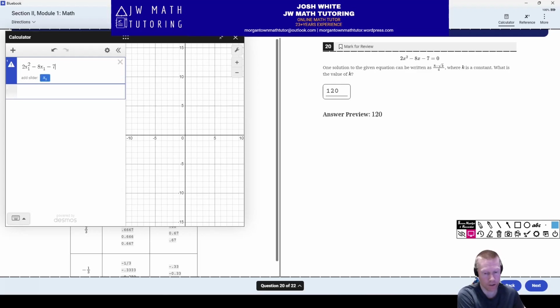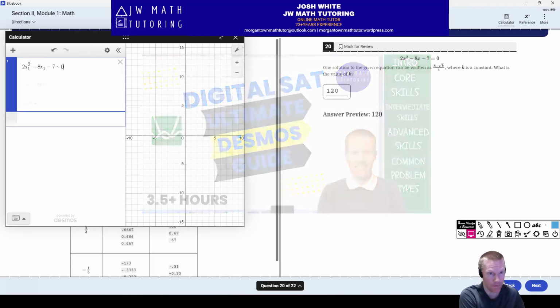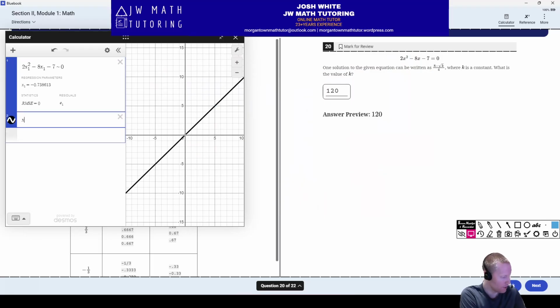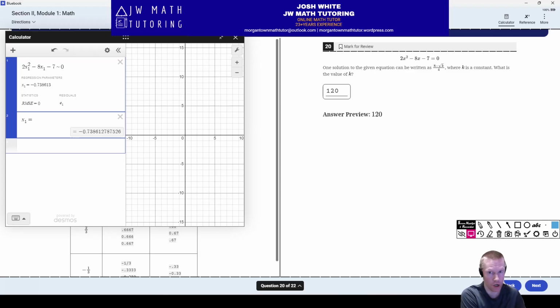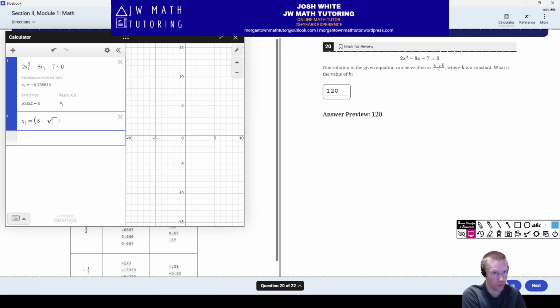Again, if you want to learn more about regression, check out my Ultimate Desmos Guide to Digital SAT Math, particularly the intermediate and advanced sections. Now what I have to do next is define x1 and set it equal to that expression we're looking at, basically 8 minus square root k, all over 4.